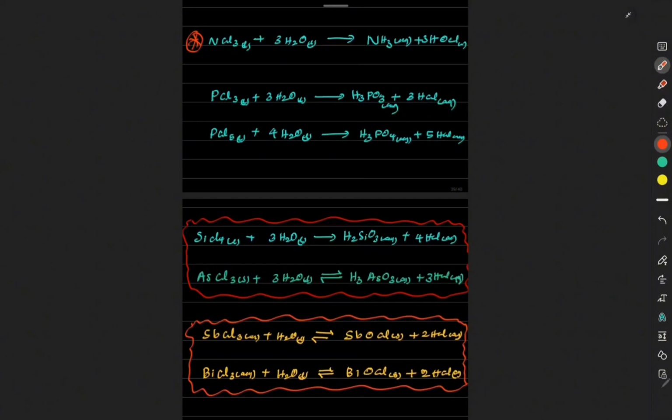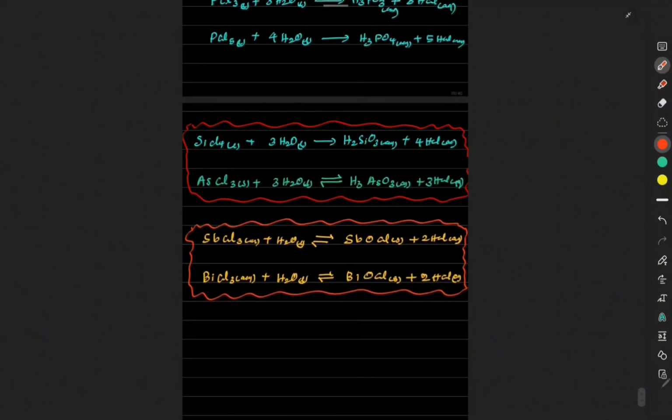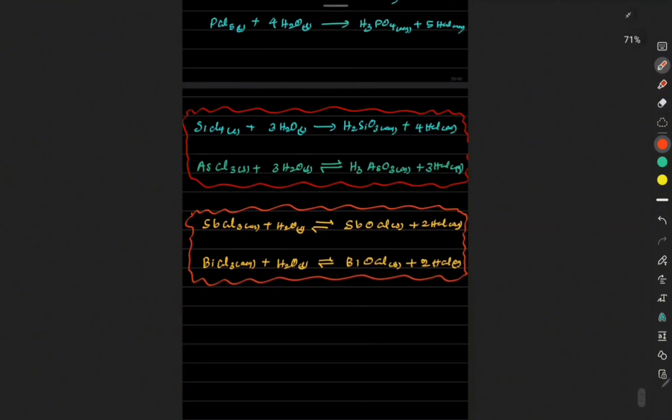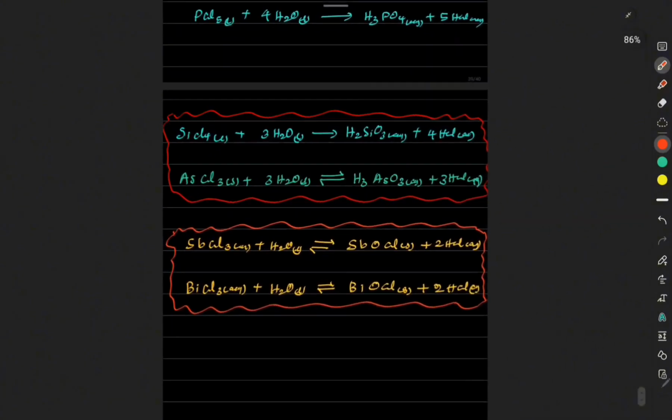Silicon and arsenic produce H2SiO3, H3AsO3. Antimony and bismuth produce SbOCl, BiOCl. The products look similar. This is the pattern, don't forget.